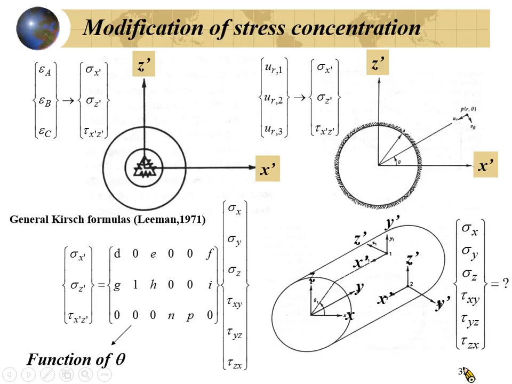For example, one measurement here, one here, and one here. Then you have 9 equations to solve 6 unknowns, and you will try to obtain the optimized solution that can fit the 3 measurements. We call it redundancy.